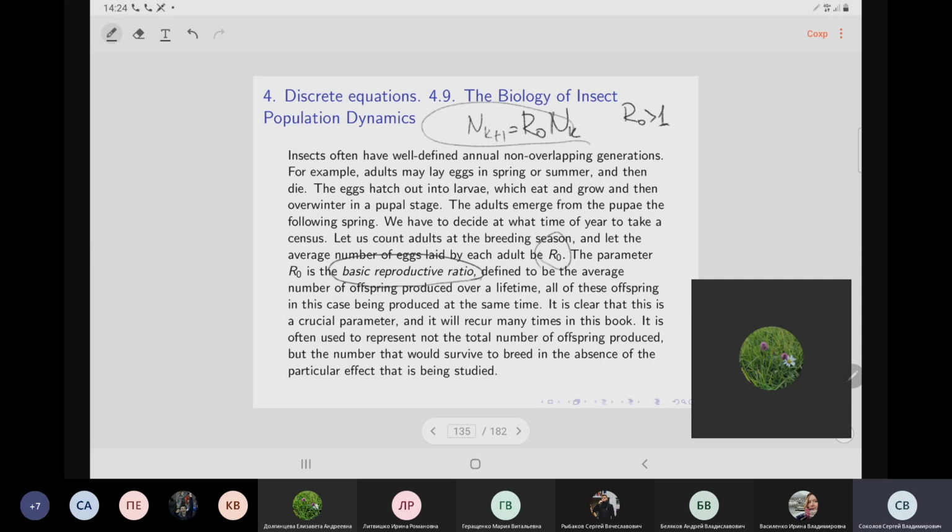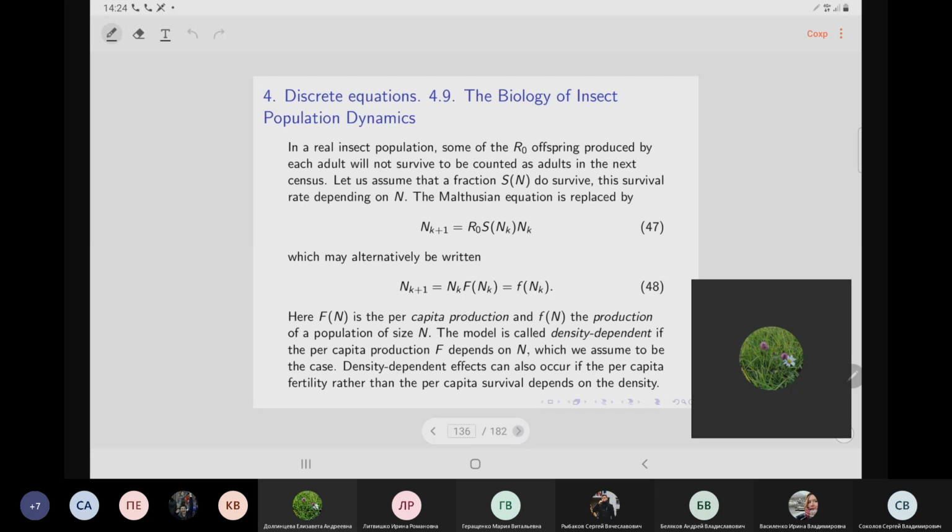We understand that not all the offspring survive. That's why we must change. We must take into account some deductions from our environment. So let us use the function S of n_k, depending on n_k for sure, and it will usually be less than 1.